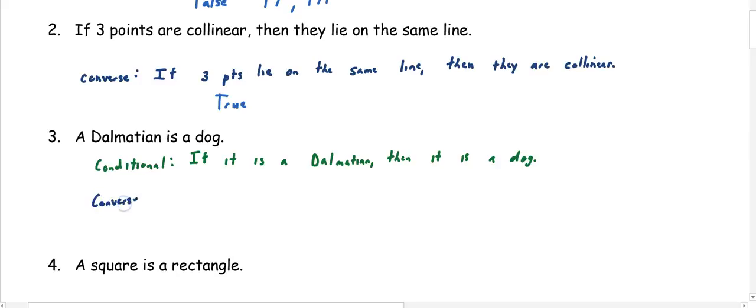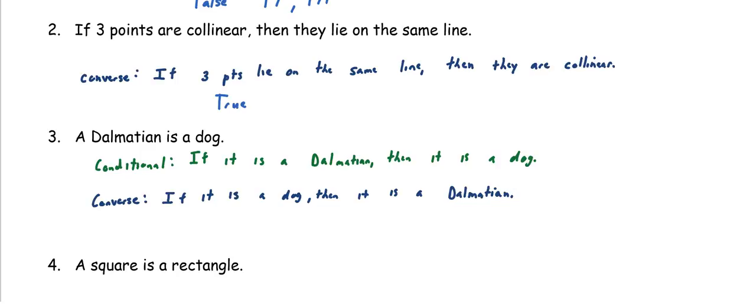So our converse will be if it is a dog, then it is a Dalmatian. This statement is false because remember there's different types of breeds of dogs. So just because it's a dog doesn't mean everybody's walking around with a Dalmatian. So we could say false and we could say that it is a lab or a pit bull.